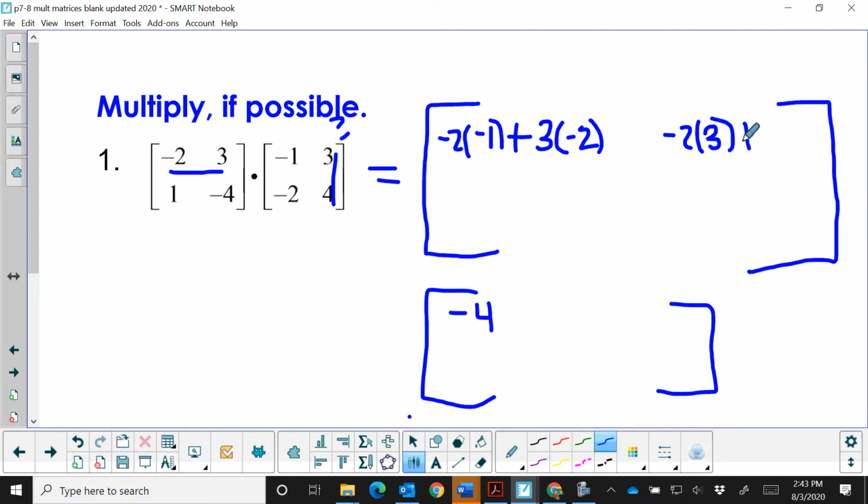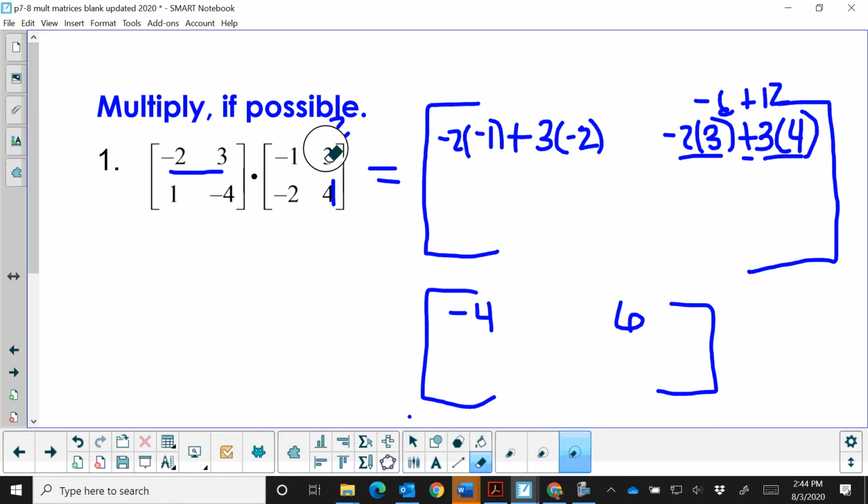And I'm going to add to it my +3 times my +4. So let's see, that's going to give me -6 plus 12. So -6, I'll just jot my work up here, plus 12. That's going to give me a +6. So that is my second element in my matrix.